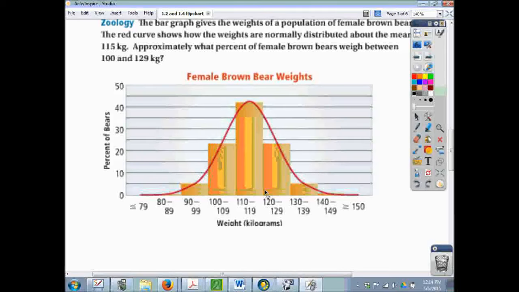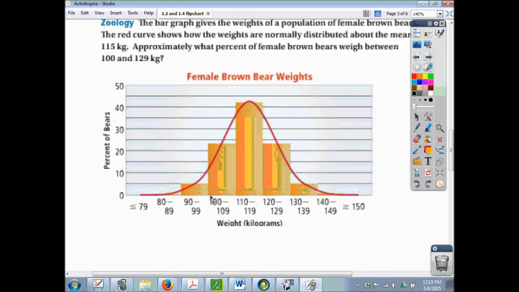What are we thinking? Need to hear some thoughts. I can't tell what you're thinking unless you verbalize it. Would it be 68%? Well, let's see. The question here is what percent of female brown bears weigh between 100 and 129?